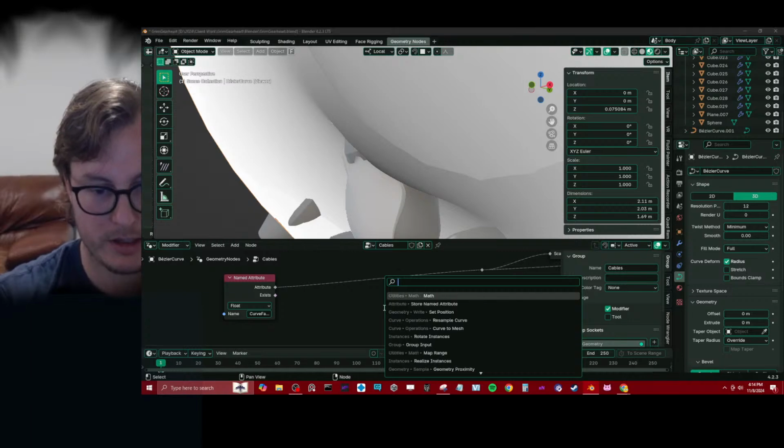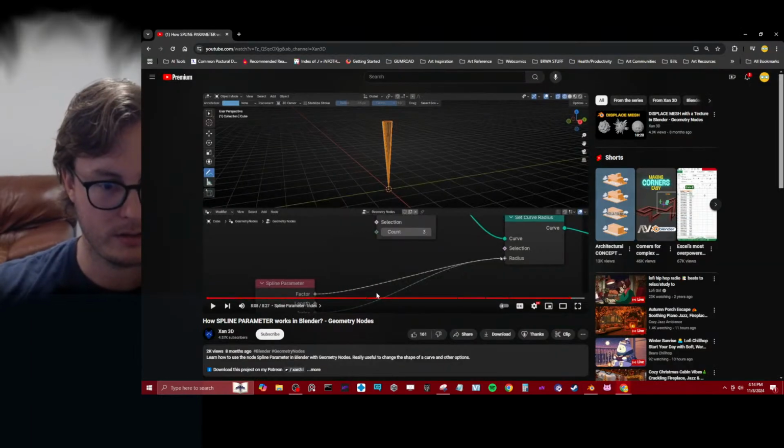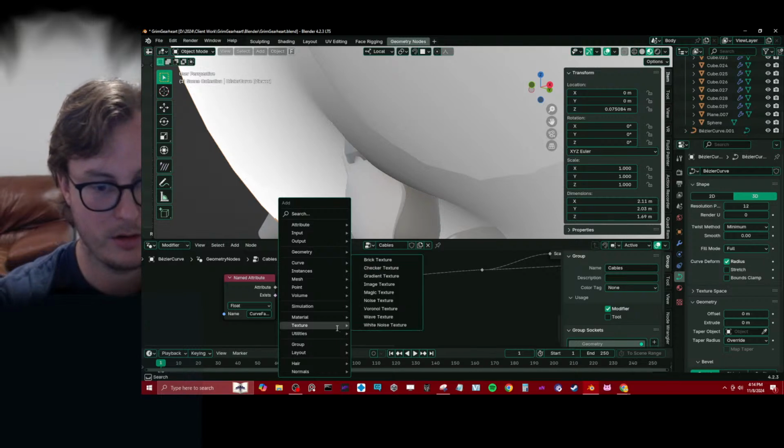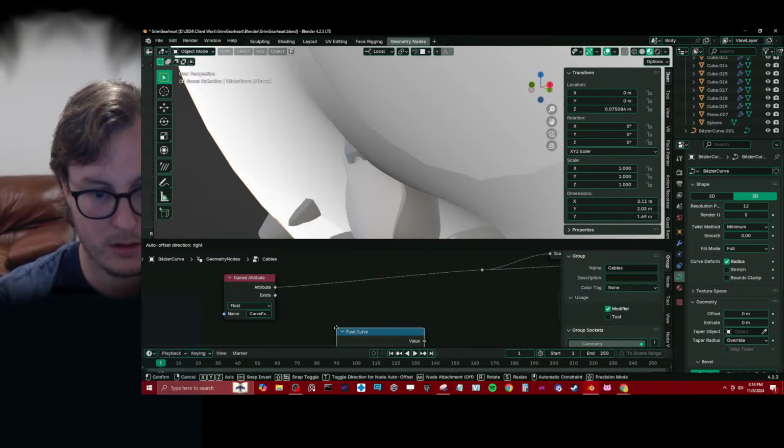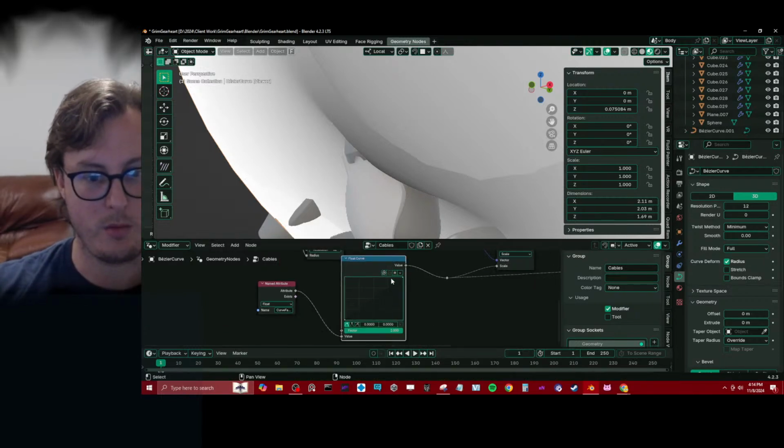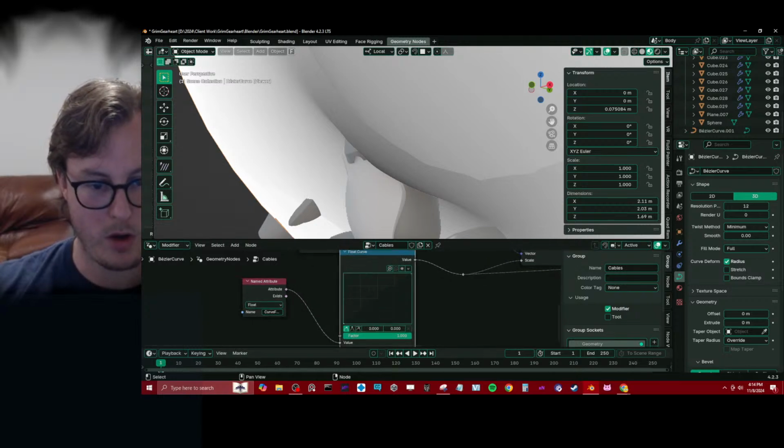What was it again? What did we have there? This like little graph using my float curve. Yeah. That's what I want.